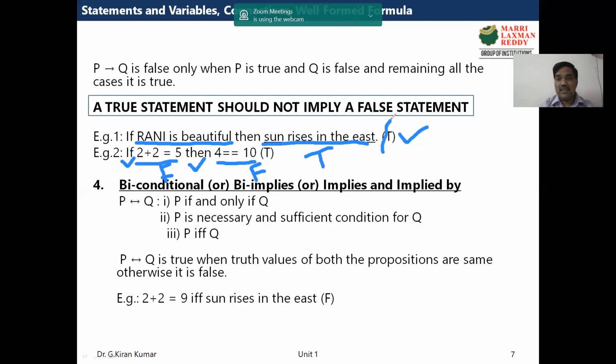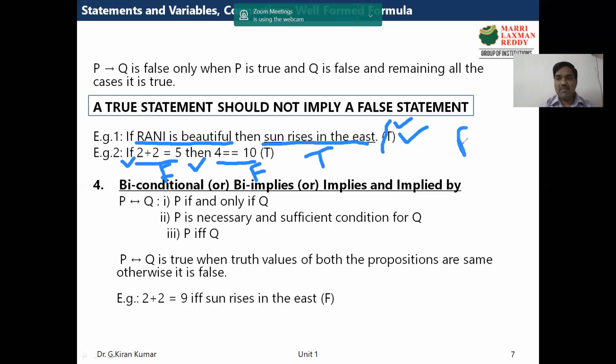Why, tell me? Suppose Rani is beautiful is true, then this is true implies true, which is true. Suppose Rani is not beautiful, then it is false implies true. In that case also it is true. So if you see the implication, P implies Q, this is a very important part.